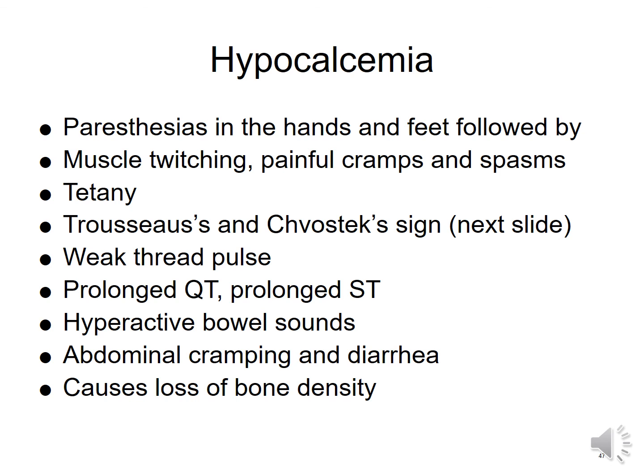Hyperactive bowel sounds. You could have abdominal cramping and diarrhea. That's where those hyperactive bowel sounds are coming in. And this of course causes loss of bone density because it's going to be stealing the calcium from the bones to fix the problem in the blood.